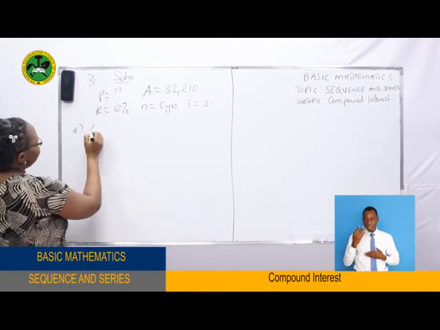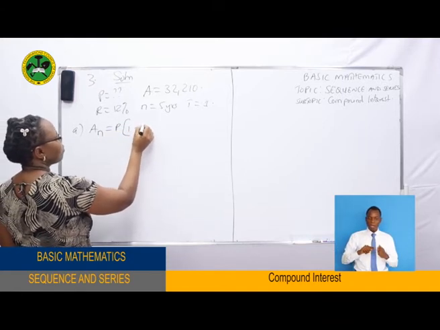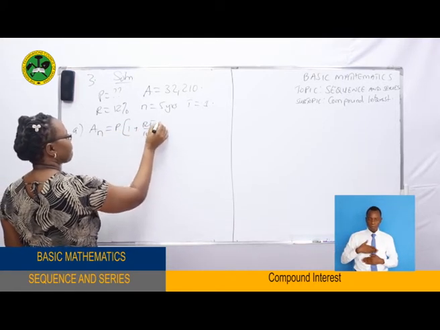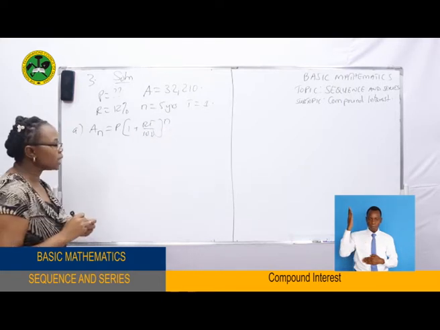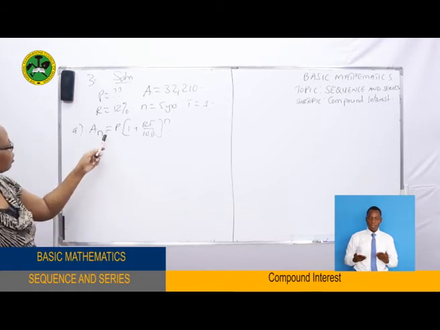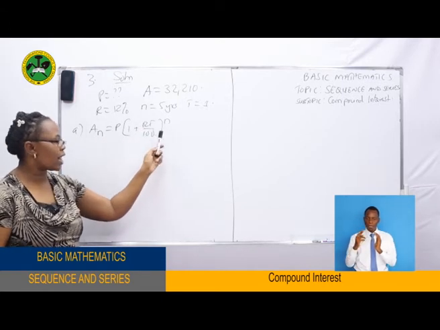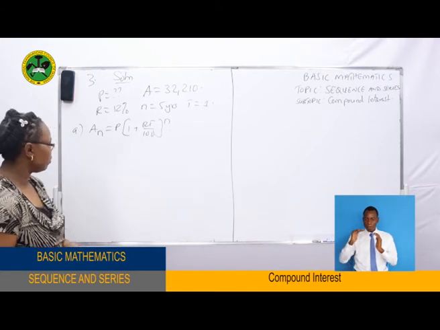By using our formula, the amount at the nth year equals P inside the bracket, 1 plus R times T over 100, power n.